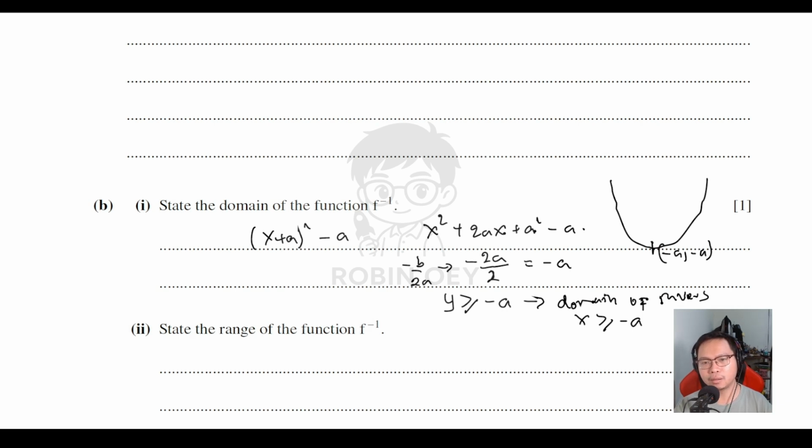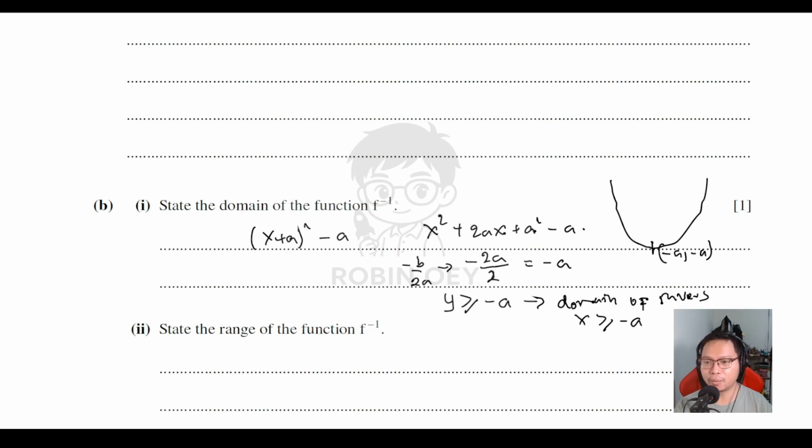Okay, so let me review again in case you missed some of the steps. First, I will find the turning point, using negative b over 2a. I get negative a as the x coordinate of the turning point. I input that to get the y coordinate, which is also negative a.